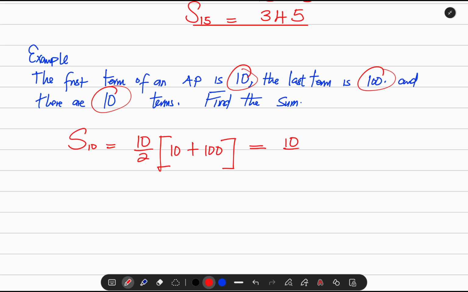This will be 10 over 2 times 110. 2 into 10 is 5, and 5 times 110 gives us 550.